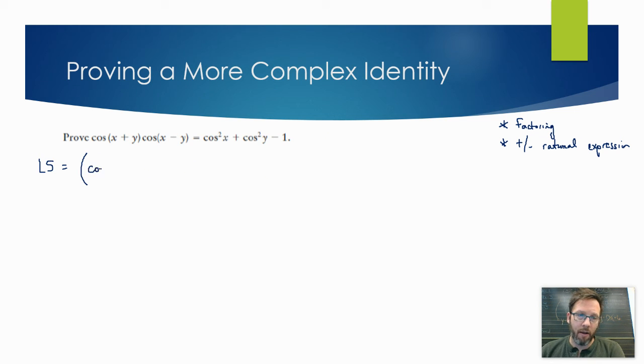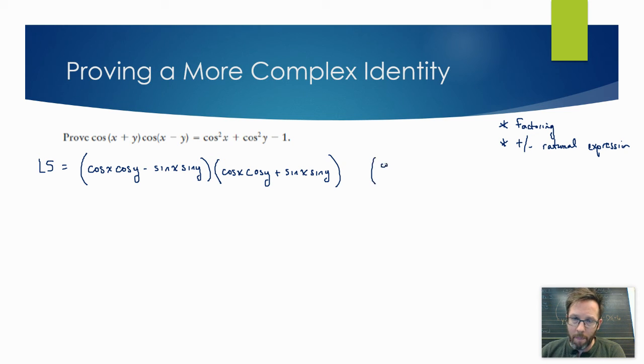So it'd be cosine x times cosine y minus sine x times sine y. And then cosine of x minus y is equal to cosine x cosine y plus sine x sine y. And that was from our compound angle formulas.